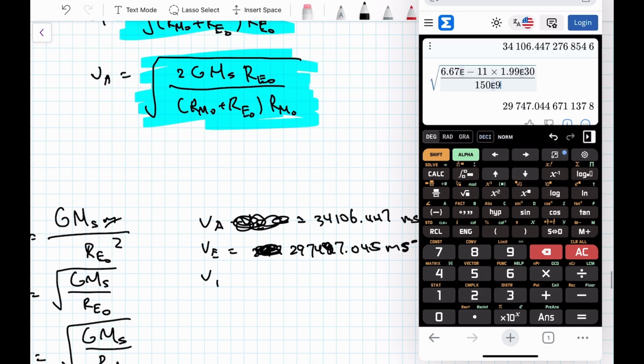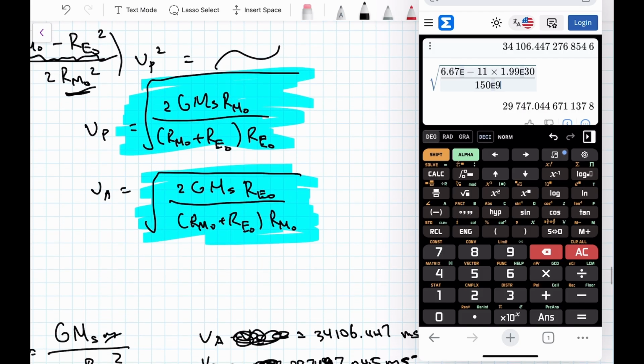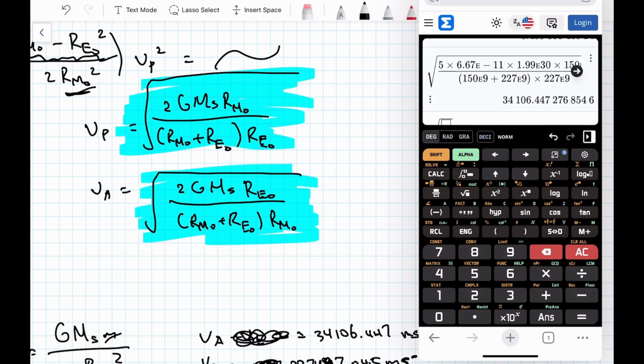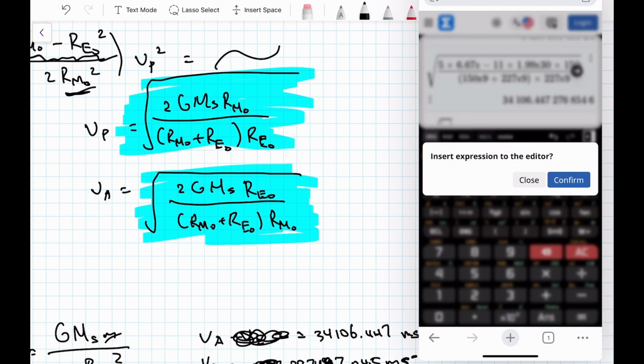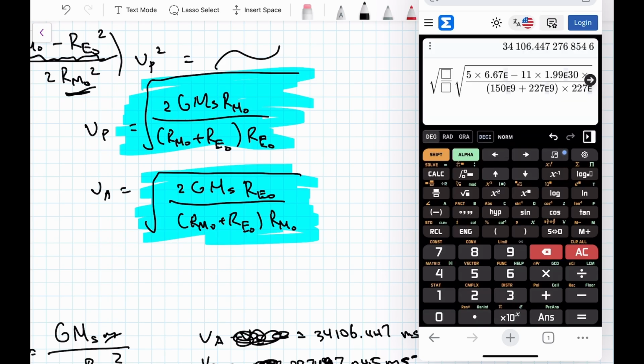And then we have VP. For VP, I think it might be better if we just directly insert. Minus this. We can just edit this equation directly. The ones that are changing is we flip the position of this and that.